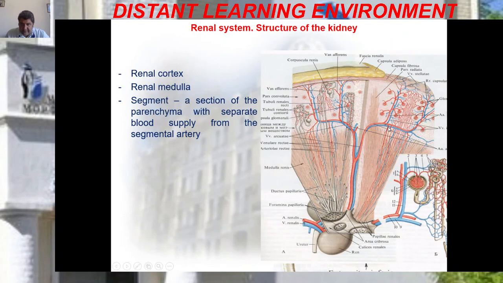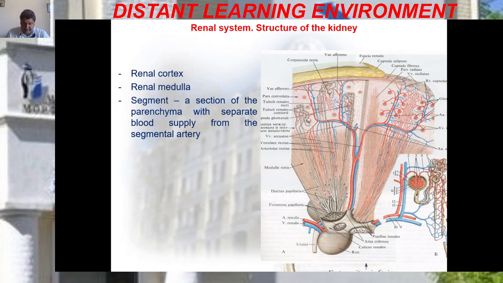You may see here. Then into the interlobular vein, accompanying the interlobular arteries here. And then into the arcuate vein. Venous blood from the medulla flows in the venulae rectae. The large venous tributaries unite to form the renal vein.